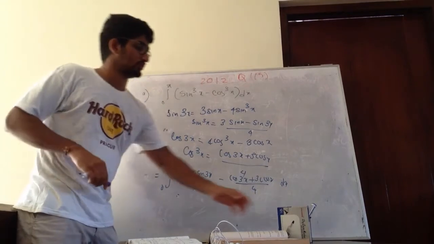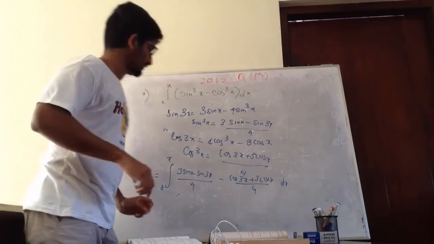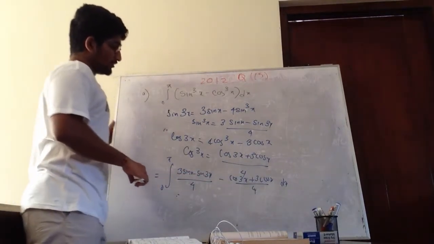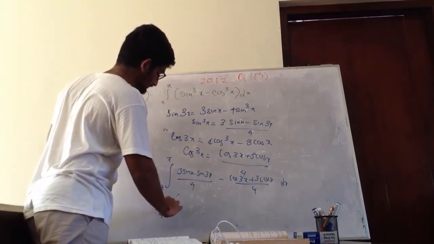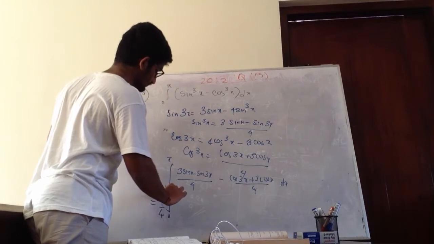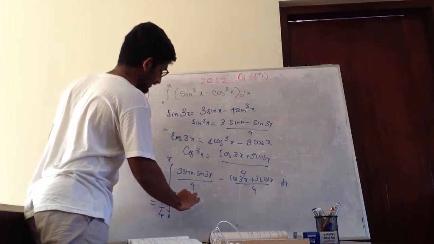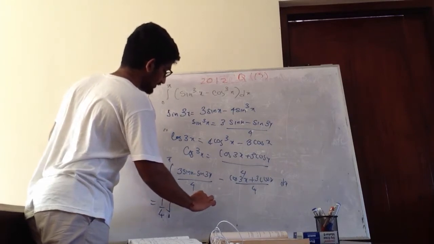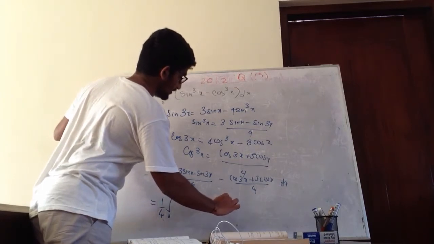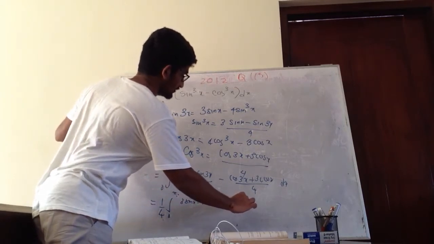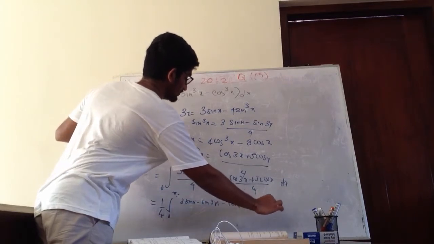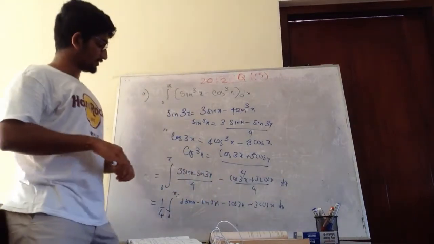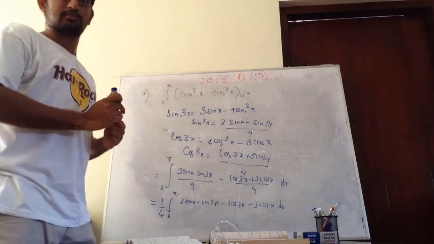Correct? Now I can take 1 over 4 out. It will be 3 sin x minus sin 3x plus cos 3x plus 3 cos x. So write this down for the moment.